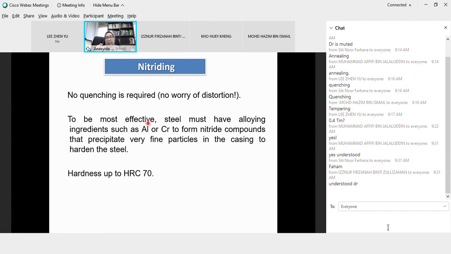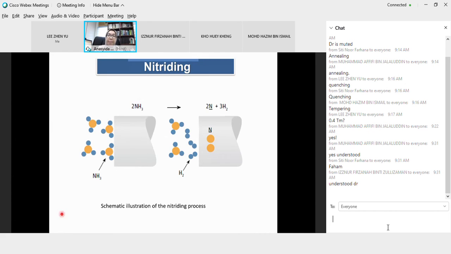Sebab nitrogen pun kecil. Then when the nitrogen reaches a certain amount, dia akan form compound dengan former dia, sama ada aluminium, chromium tadi. So they can increase the strength of the outer surface. So as compared to carburizing, nitriding lagi harder.